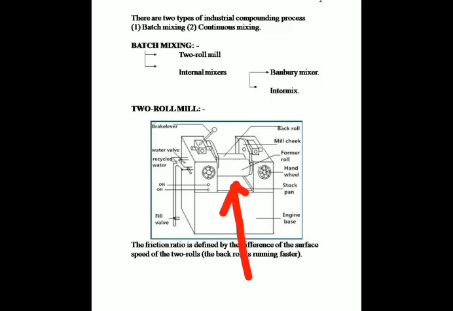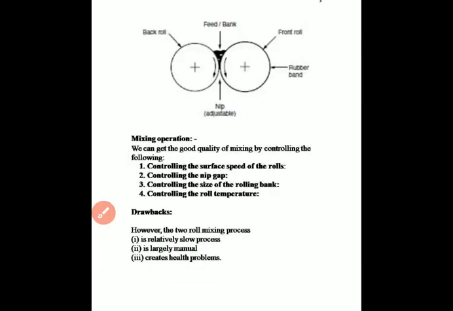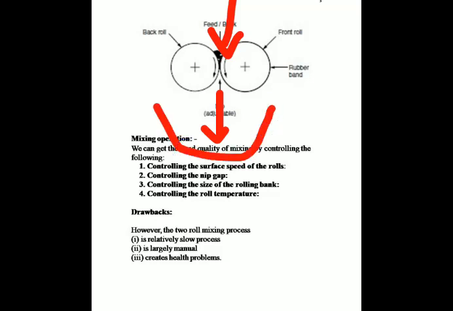Then let us see the mixing operation. The material is placed onto the roll, and initially the material does not form a continuous band, and part of the material falls down into the pan below the roll.